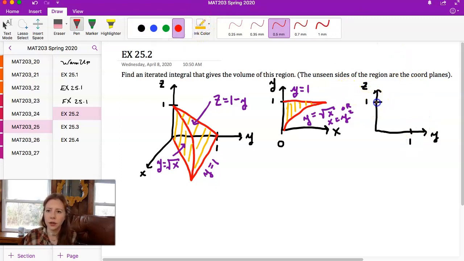And our bound here is going to be z is equal to 1 minus y, or equivalently, y is equal to 1 minus z.